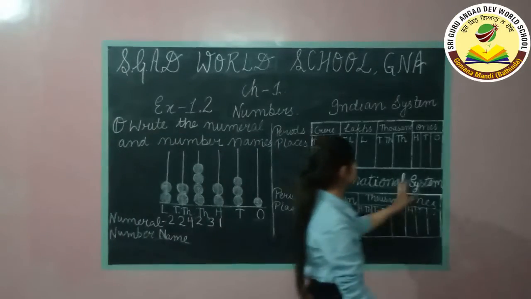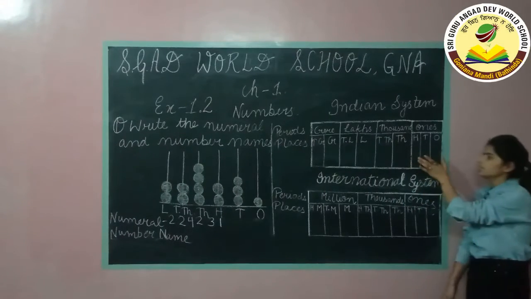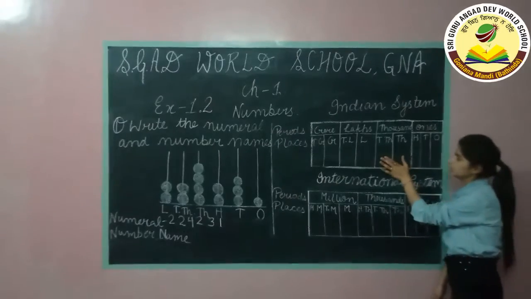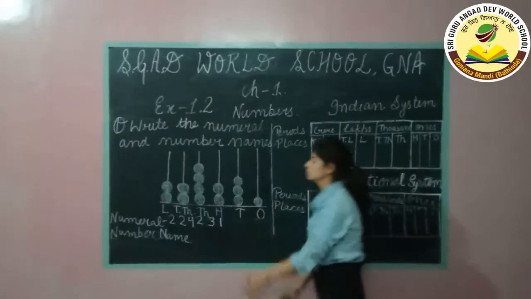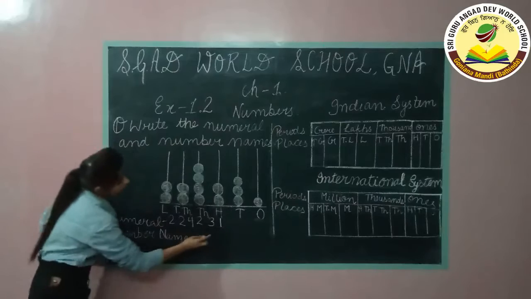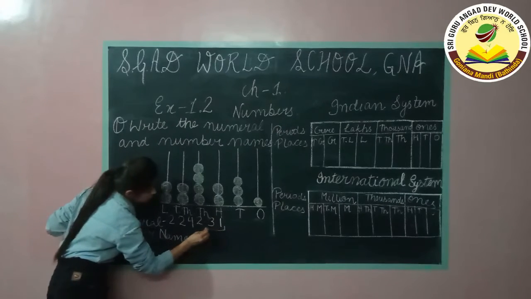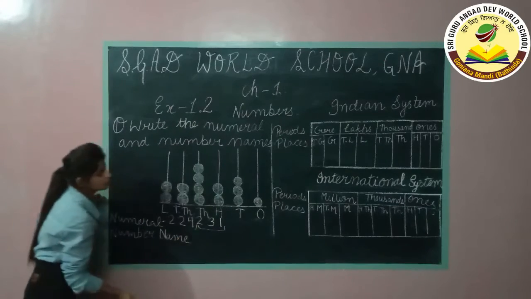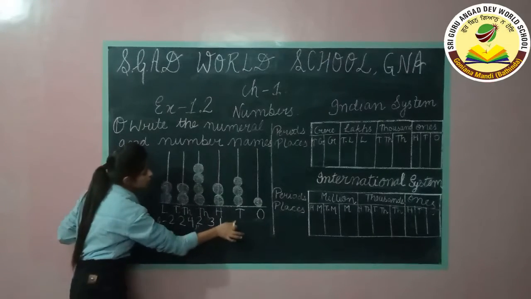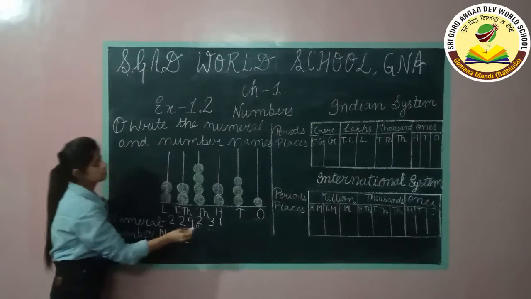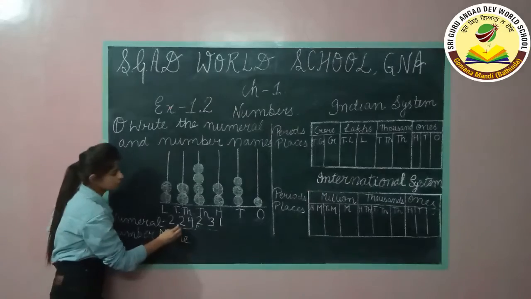According to the Indian system, the ones period contains 3 digits, the 1000 period contains 2 digits, and the lakhs period contains 2 digits. This is the ones period, separated by a comma, and this 1000 period is also separated by a comma.